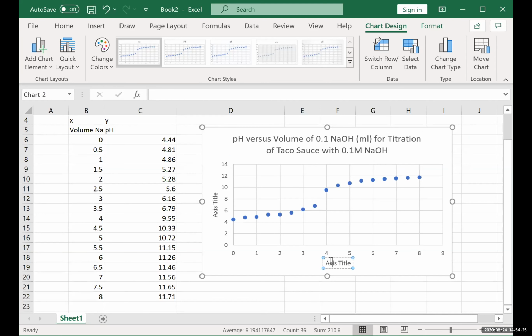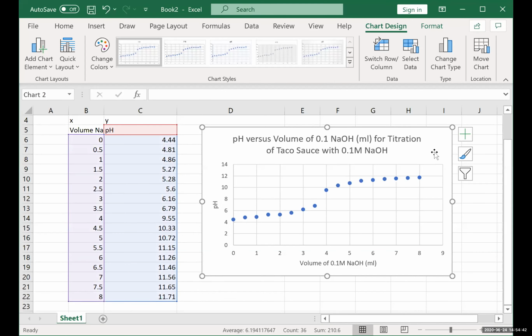For our axis titles, for our x-axis, we're going to put the volume of 0.1 molar sodium hydroxide in milliliters. And for our y-axis, we're going to put the pH.